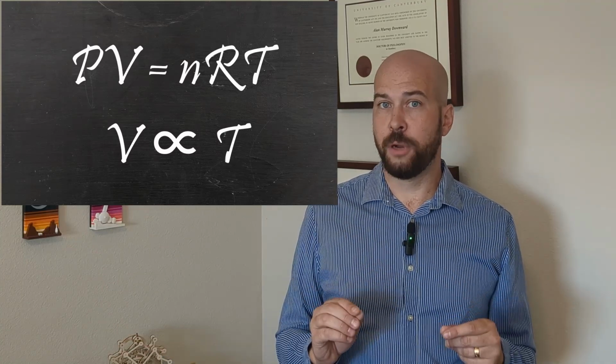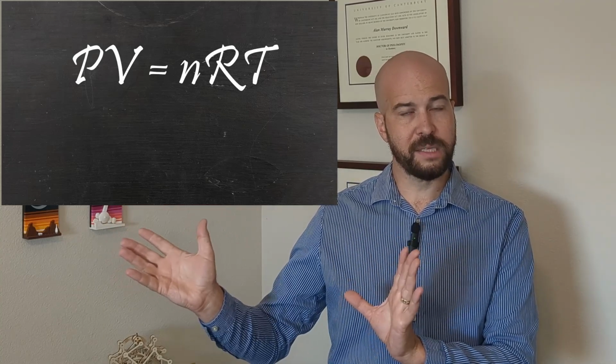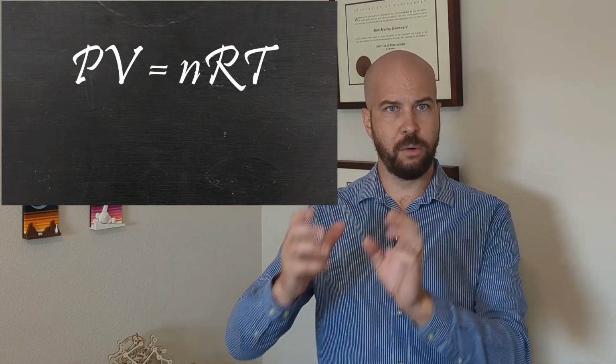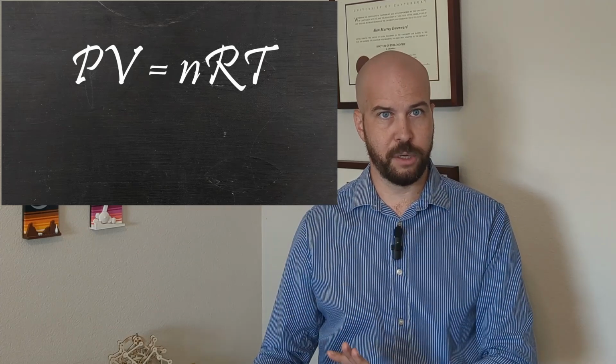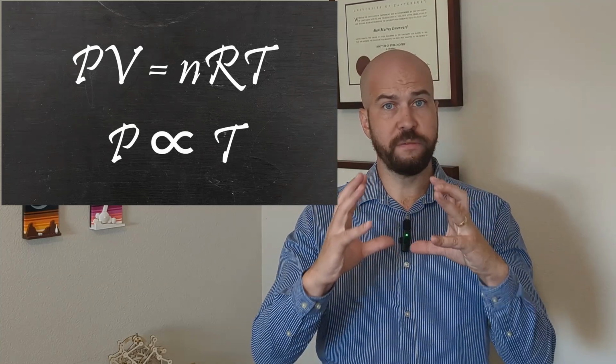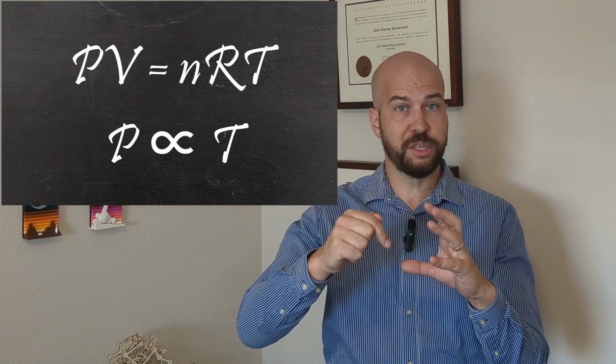There's an additional experiment that can be done if we look at this equation again by saying, well, what if we kept volume constant and allowed the pressure to change with temperature? To do this, you would need a sealed vessel and a way to measure the temperature and the pressure inside. Then all you have to do is vary the temperature and record the pressure.